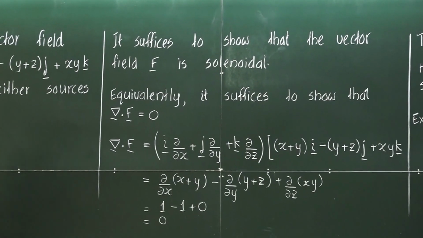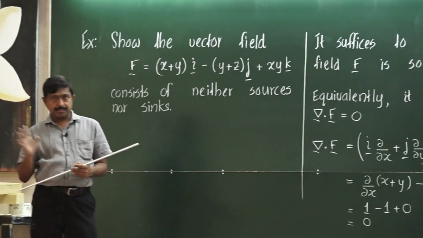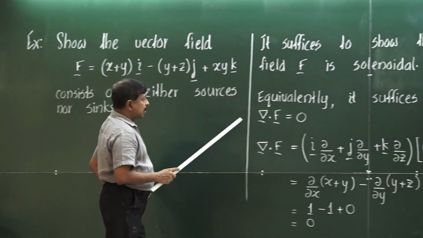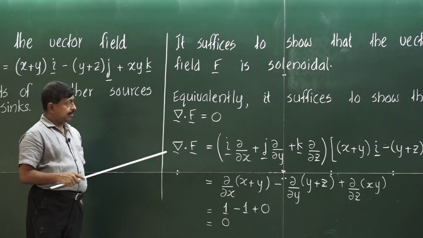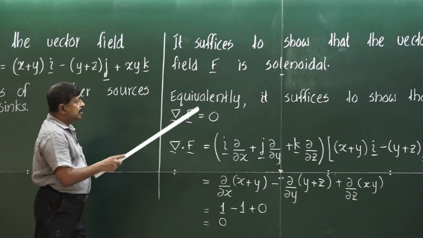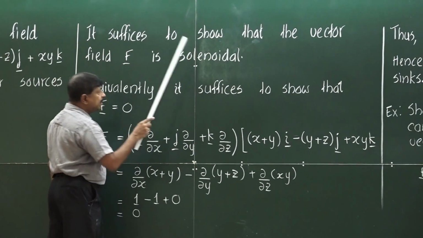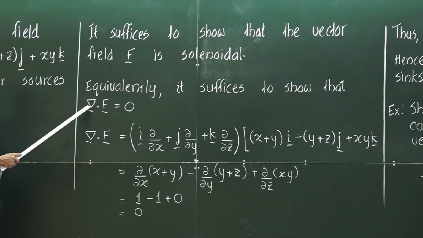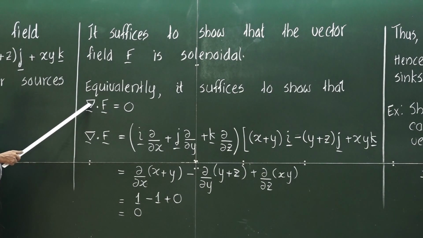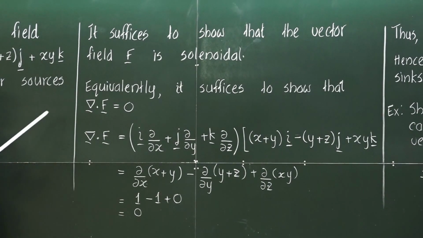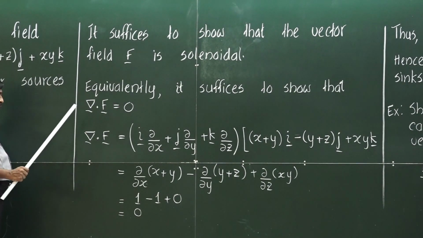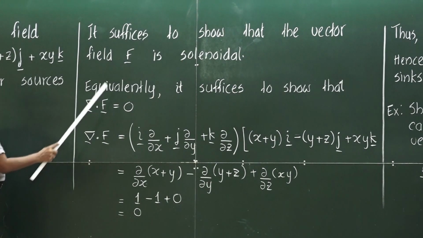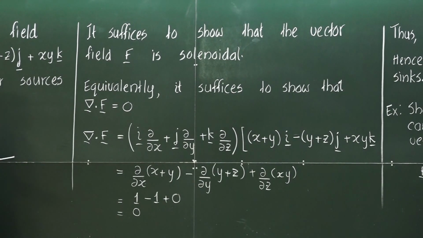Solenoidal means practically there are no sources, no sinks. On the other hand, a solenoidal vector field is defined like this: if for a vector field the dot product with the grad operator, that means div f, is 0, we say that the vector field is solenoidal.